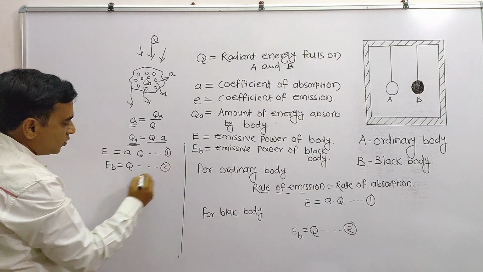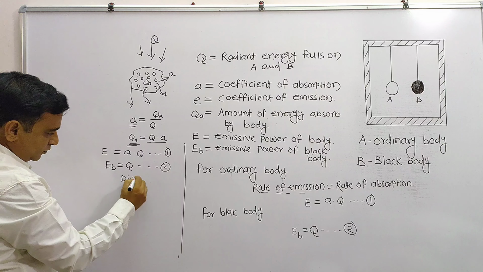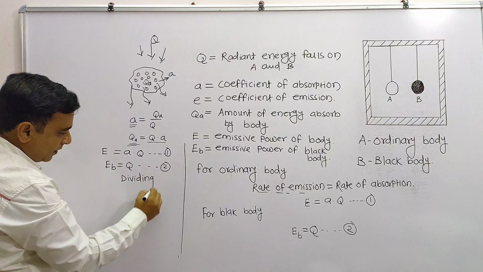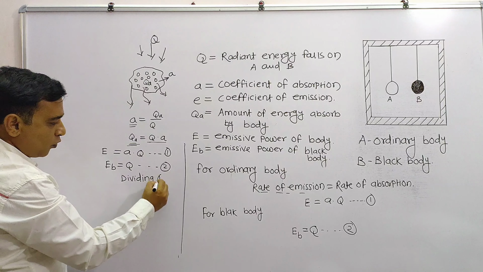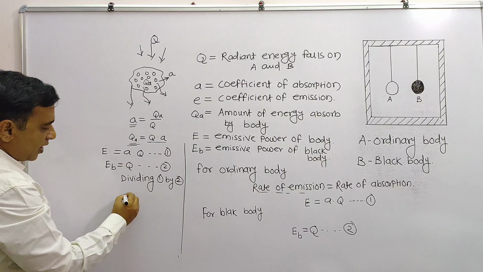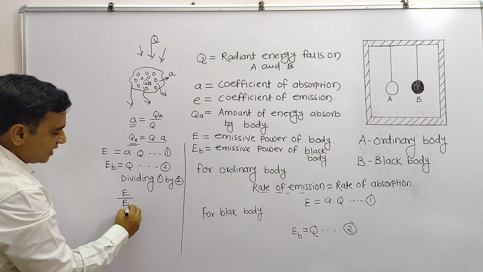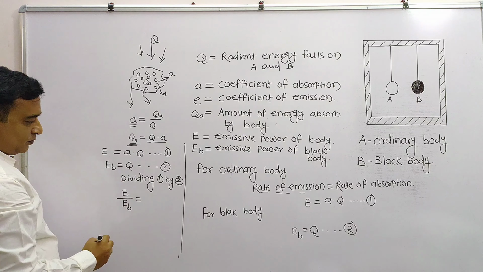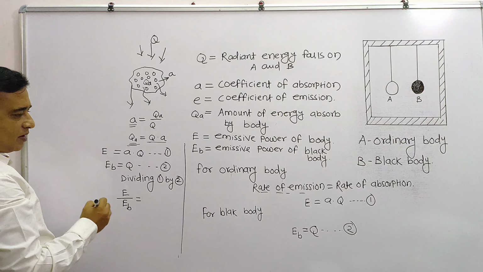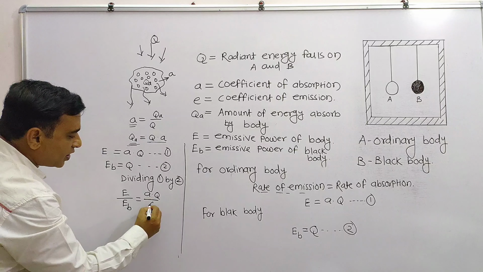Dividing 1 by 2, E upon EB is equal to A into Q upon Q.